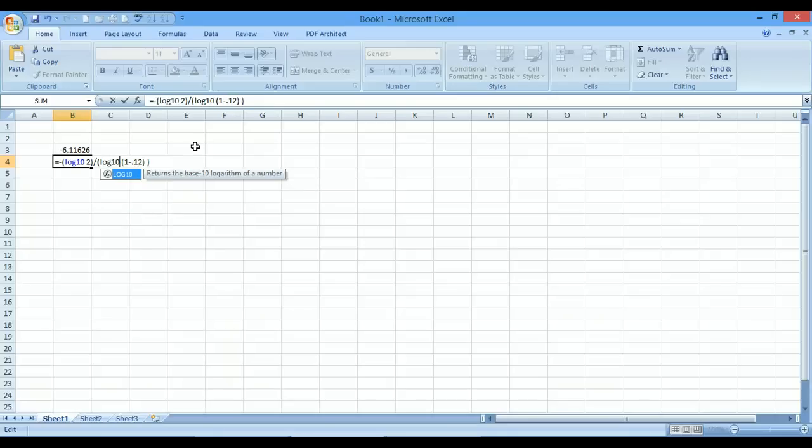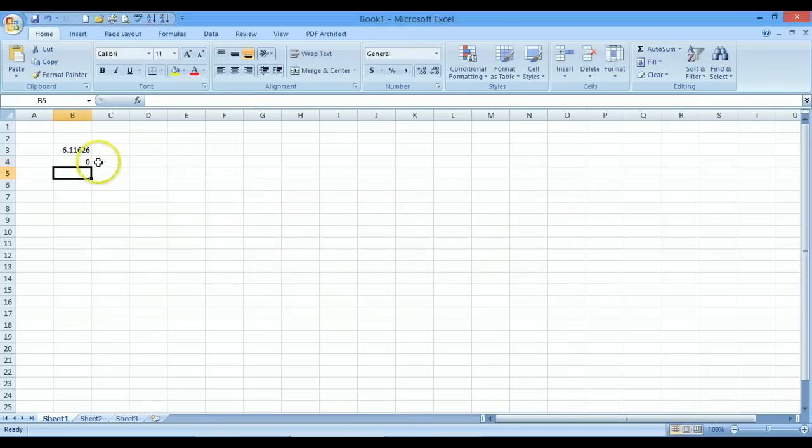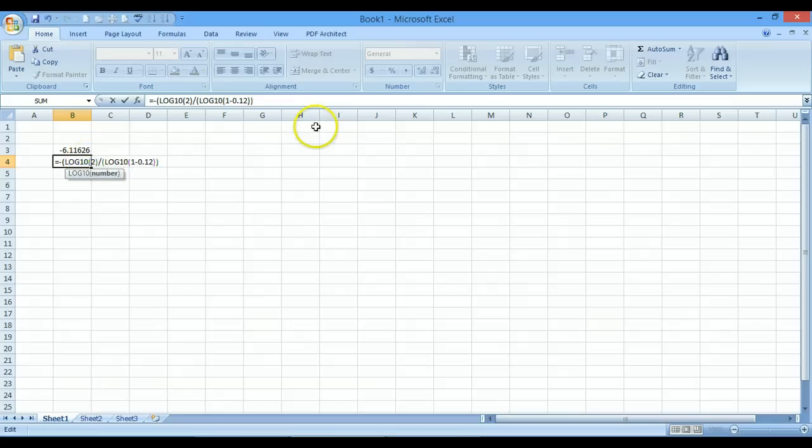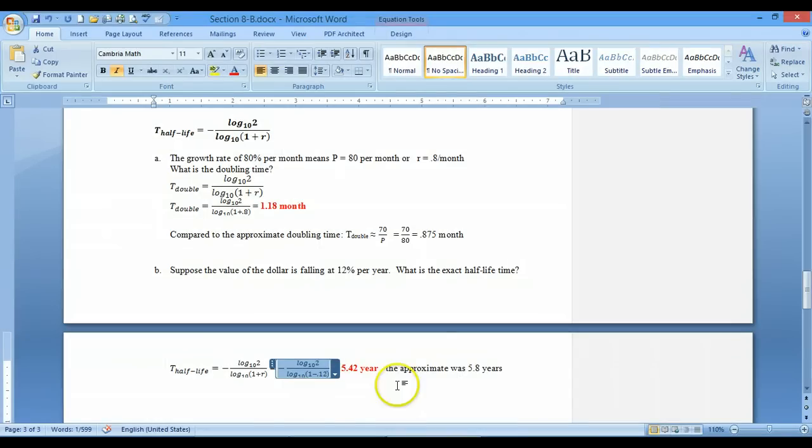And we have 1 minus 0.12, have our negative sign out front. I'm not sure if it'll read it all. Let's go check it out. Log base 10, oh, I need parentheses around the 2. All right, 5.42, and we have 5.42 years.